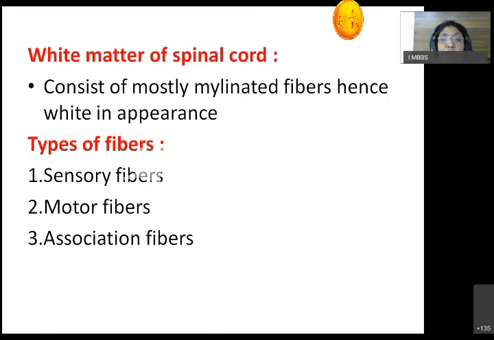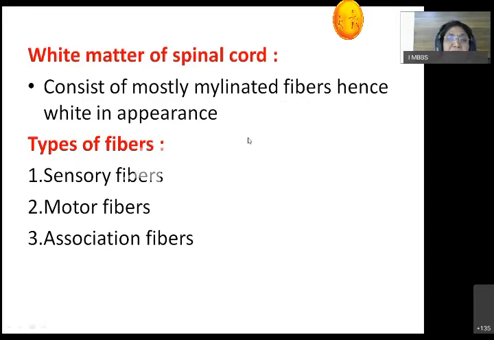You also know that in the central nervous system, the nerve fibers are myelinated by oligodendrocytes, whereas in the peripheral nervous system, they are myelinated by Schwann cells. As the nerve fibers are myelinated, the column is white in appearance. So the white column is white because of the presence of myelinated fibers.